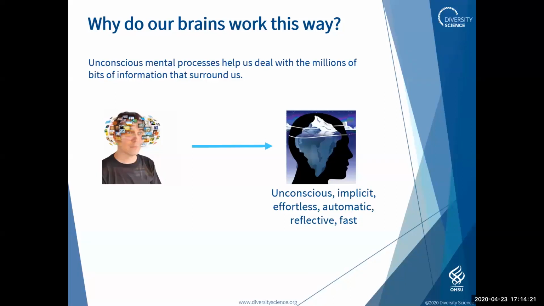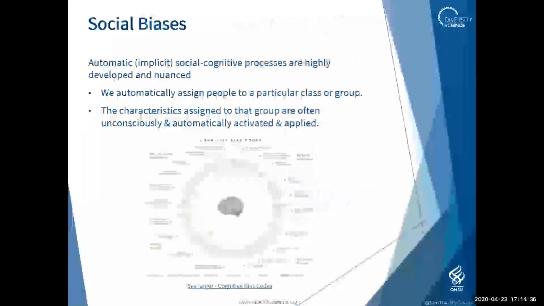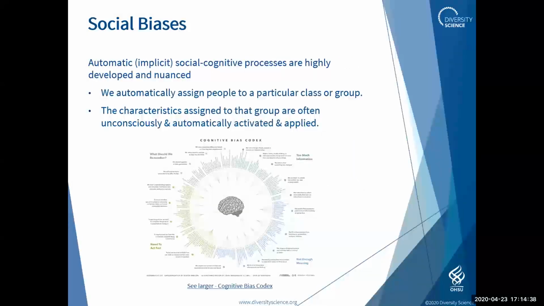You don't have to consciously use your effortful thinking system to decide whether you should pay attention to your chair, to the coffee next to you, to the screen. Rather, that's guided, and it's guided in a way that does not deplete your energy. The part of our brain that is used to help us navigate a really complex world very, very rapidly is very well developed in the social world.